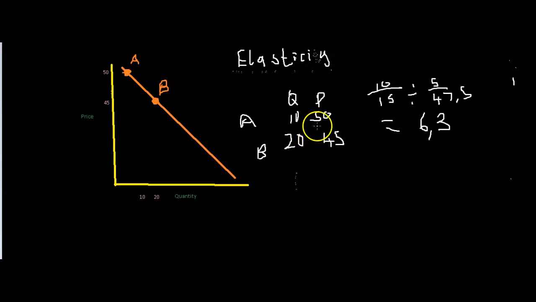Because think about it, your price was 50 Rand at first, then you changed it to 45 Rand, such a small decrease, but so many more people bought your product, 10 more. So because that relationship has such a big effect, that is why your elasticity is high. So elasticity is very good to determine what your effect is when you change the price of a product versus the quantity of people that bought it, okay?